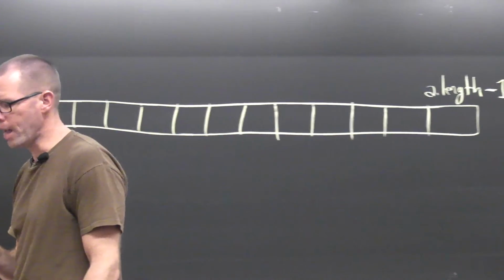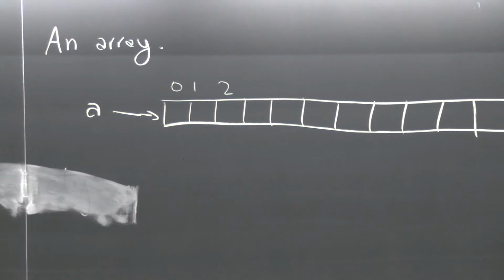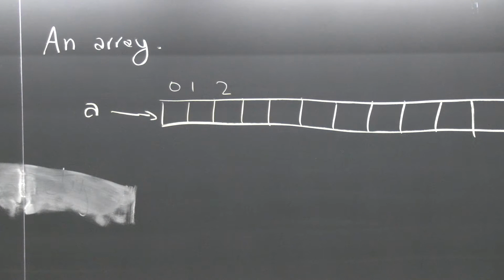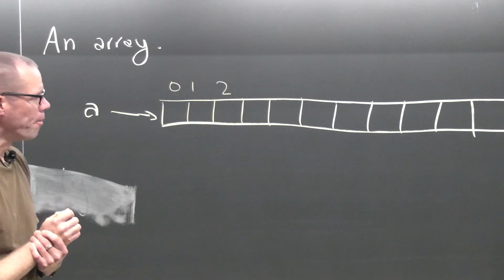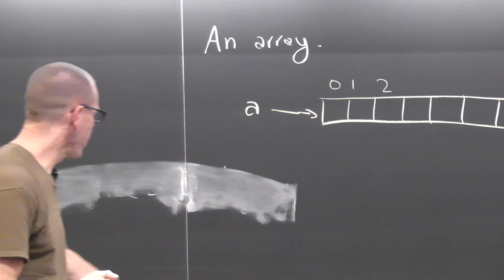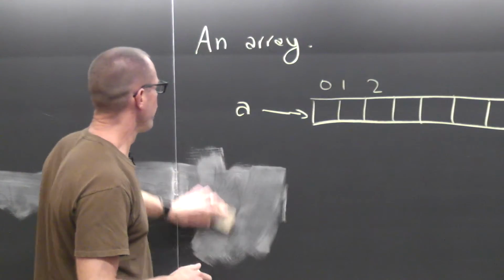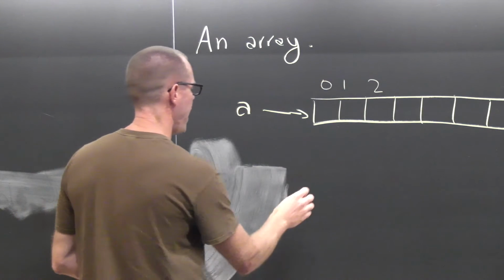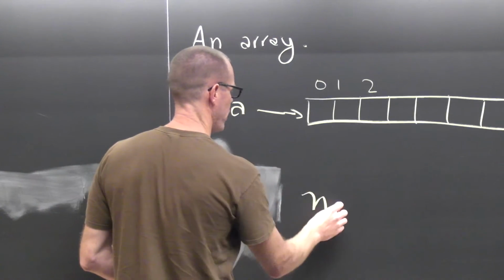So an array has a length, which tells you the indices you're allowed to use on it. It has a type, the type of values that it can store. So whatever type of values you're trying to store in your list, that's what you put in there.